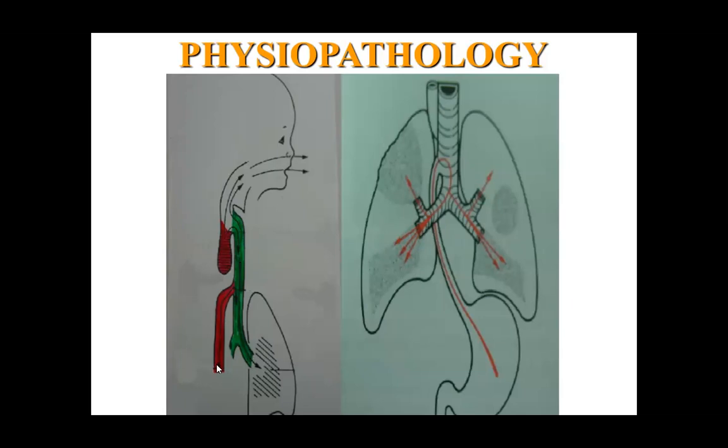Regarding the distal tracheoesophageal fistula, here we will have reflux of gastric liquid into the bronchi, and you know the corrosive effect of gastric liquid. This can be very harmful for the lungs.